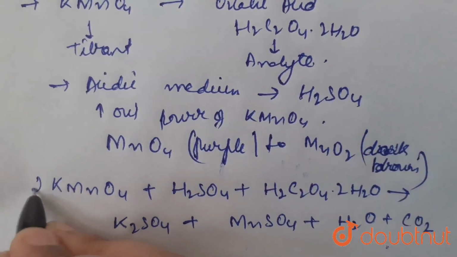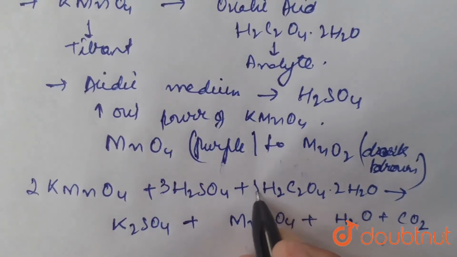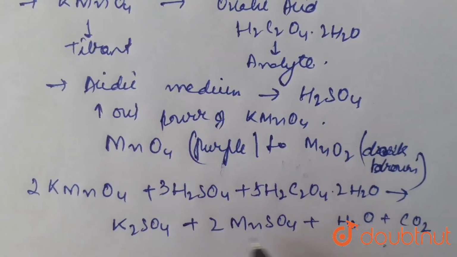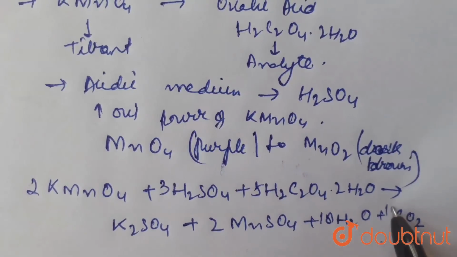Balancing this: 2 here, 3 here, 5 here, 2 here, 18 here, 10 here.